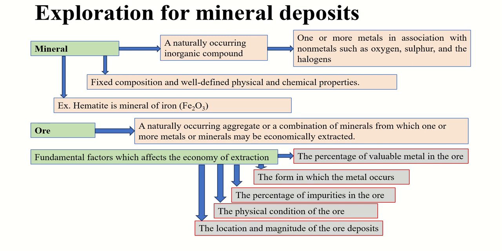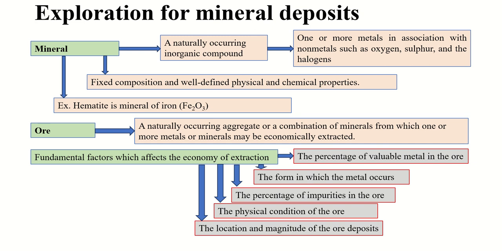Another factor which affects extraction is the location and magnitude of the ore deposit. We have to find whether the location is suitable for transportation, and whether we can extract the metal economically there.